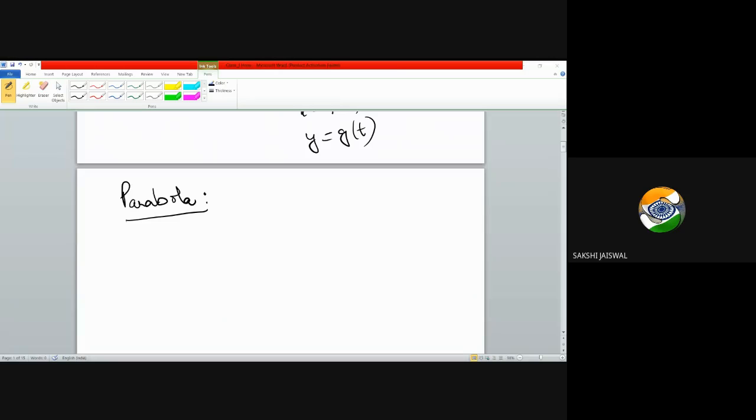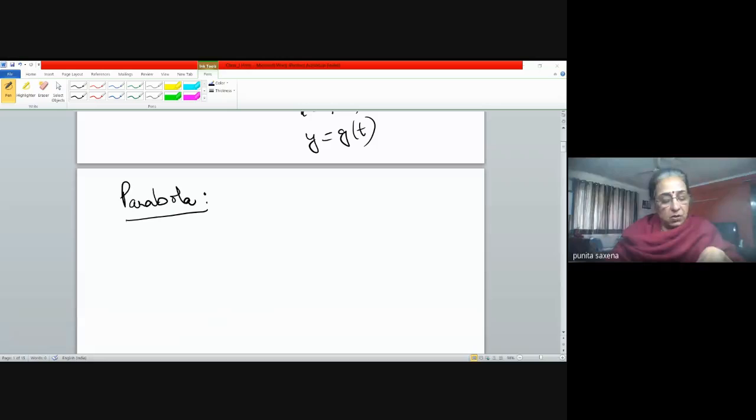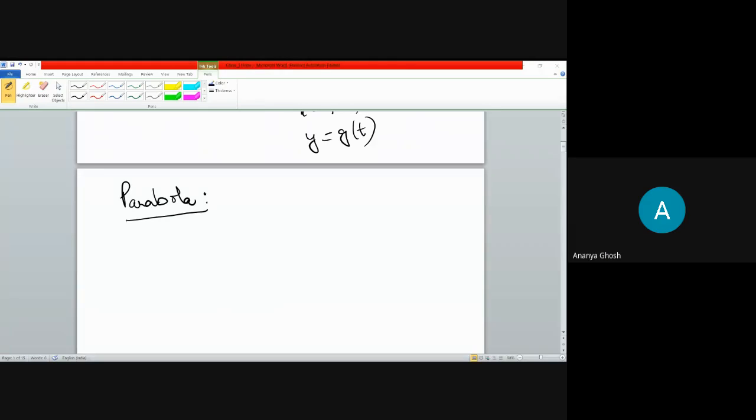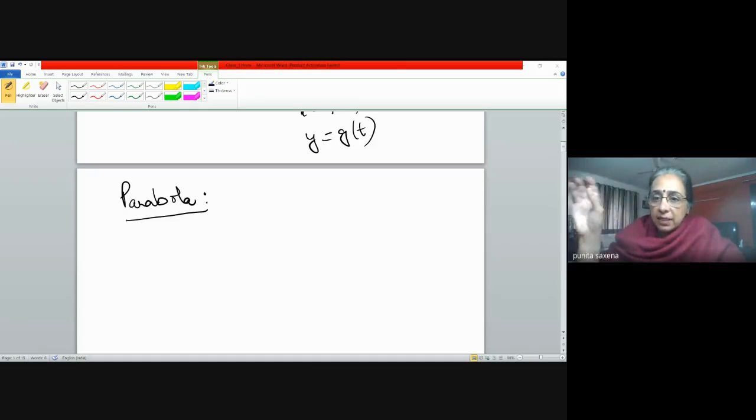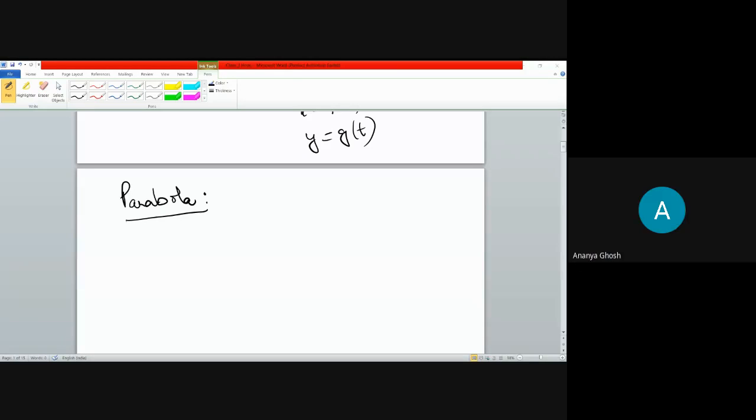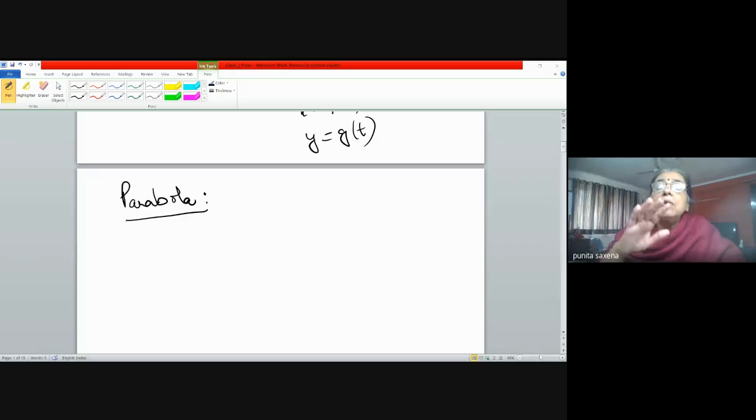Ma'am, locus is any point which is equidistant from a fixed point. No. सारे points को join कर देंगे तो वो locus बनेगा. Yes, ma'am. A set of points. Locus is a set of points. No, equidistant from focus or directrix. I'm not talking of a parabola in general. I'm asking, what do you understand by locus?